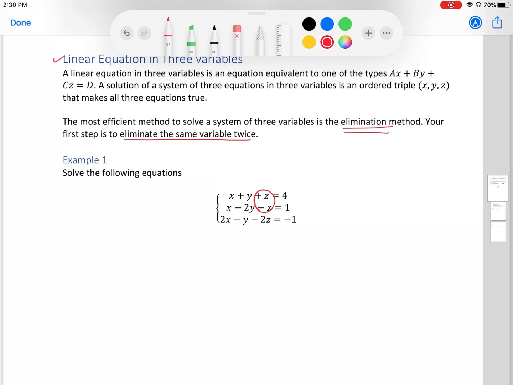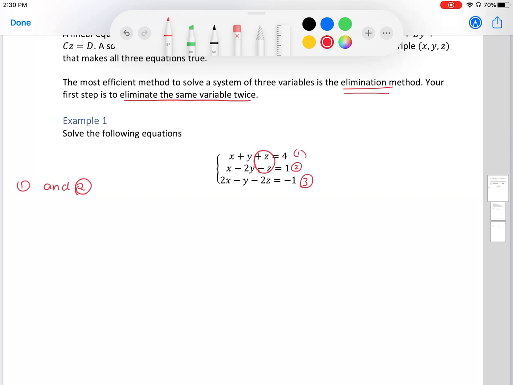Let's take equation 1, equation 2, and equation 3. Working with equations 1 and 2, let's eliminate z. I have x plus y plus z equals 4 and x minus 2y minus z equals 1.